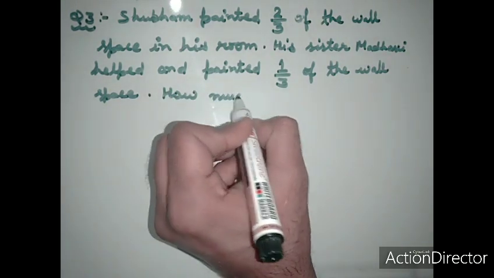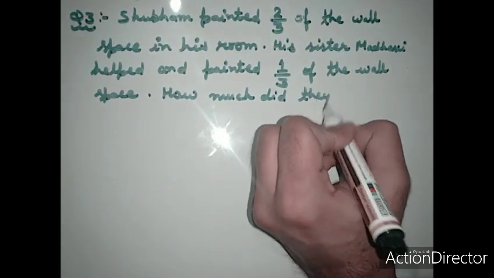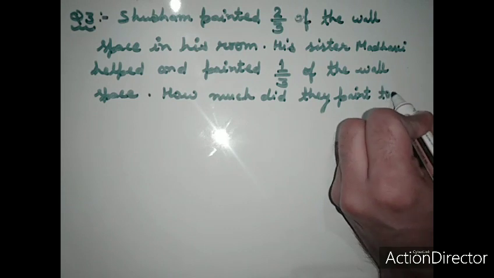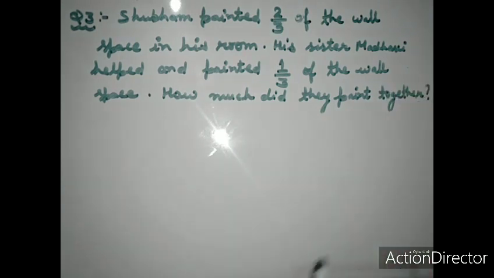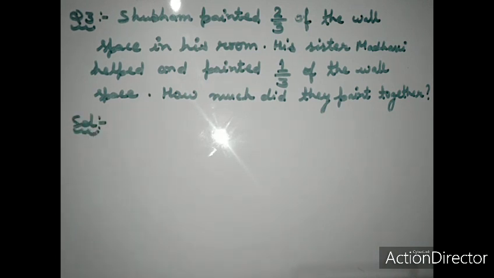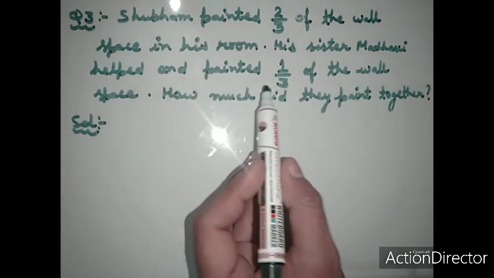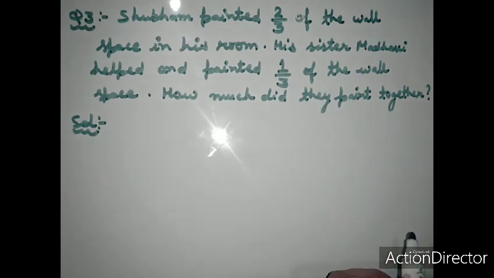How much did they paint together? Okay, so the question is Shubham painted 2 upon 3 of the wall space in his room. His sister Madhavi helped and painted 1 upon 3 of the wall space. How much did they paint together?